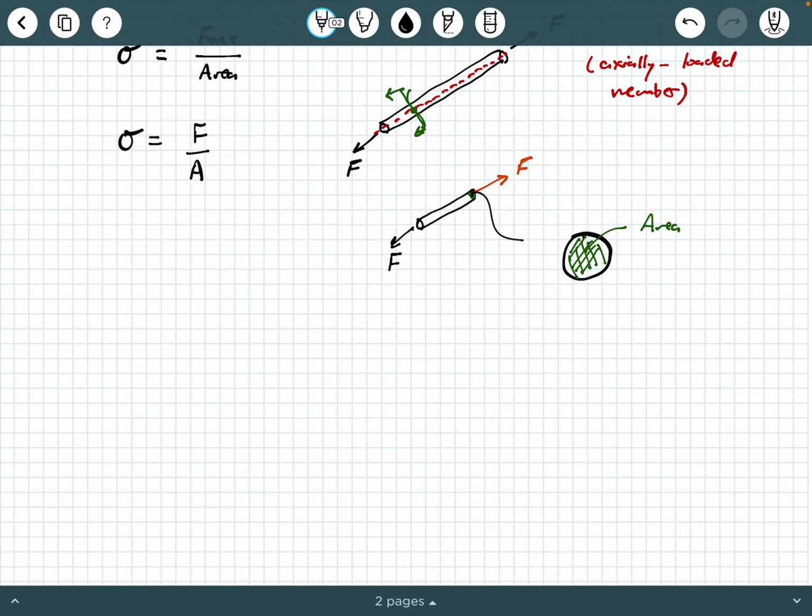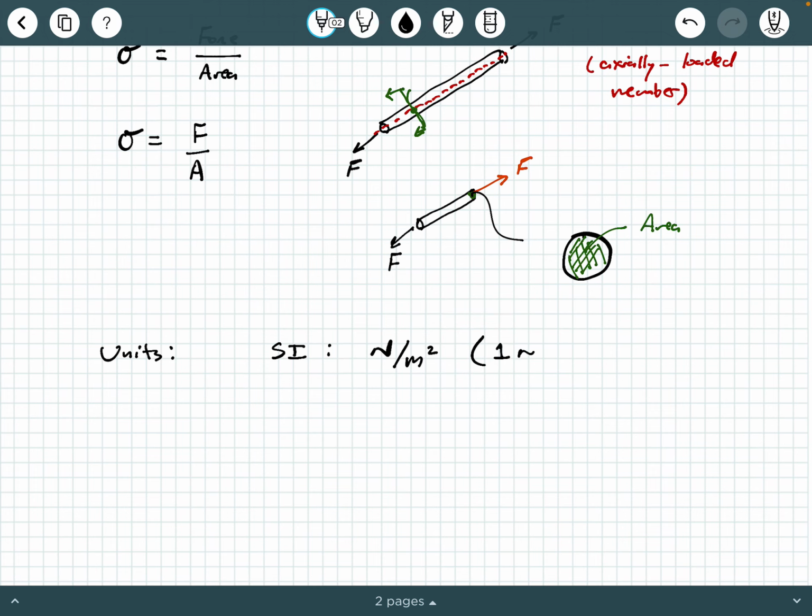So what are the units? What would the units be of stress? Let's look at this. Units in SI, the base units would be, for example, newtons per meter squared, which is sometimes called a Pascal.